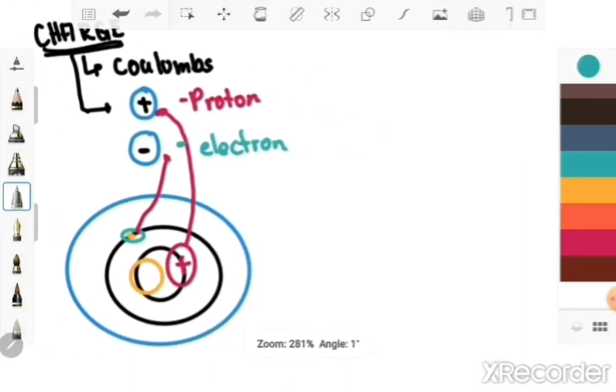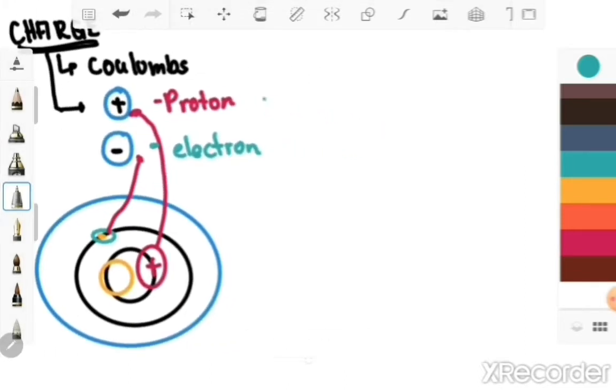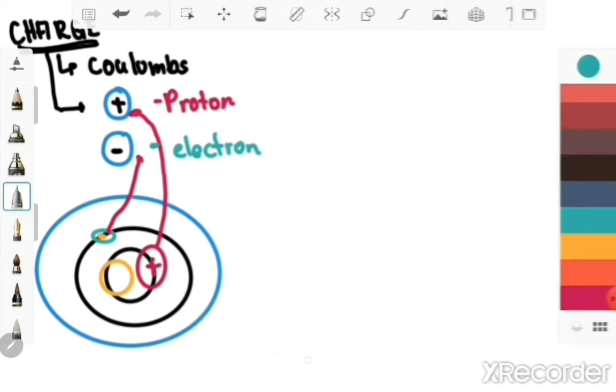The magnitude of charge of these two are equal, which is equal to 1.602 times 10 raised to negative 19 coulombs.